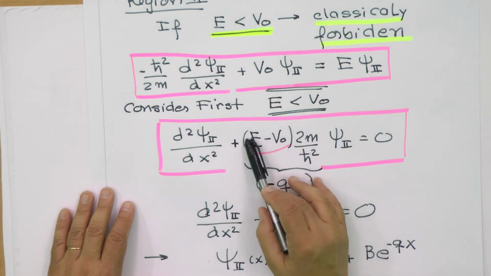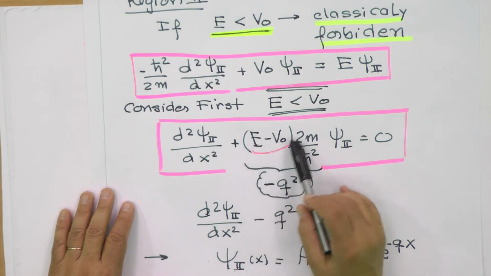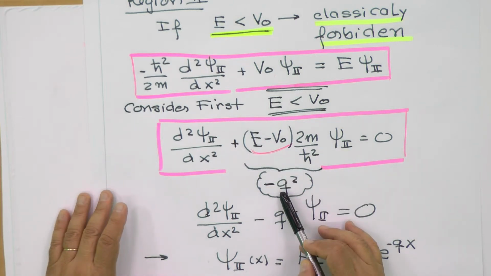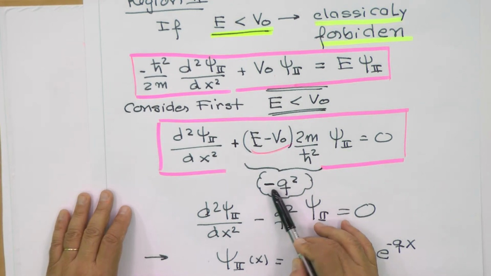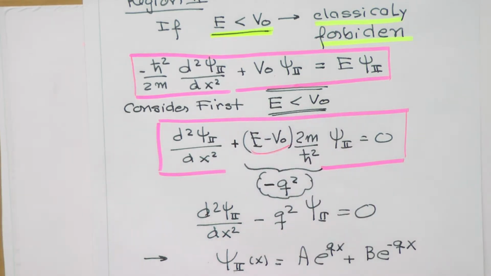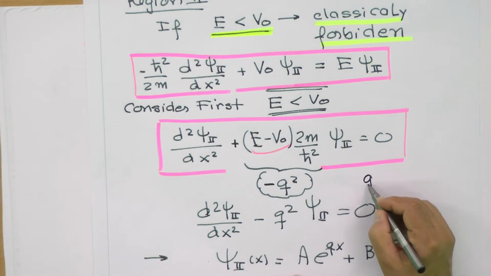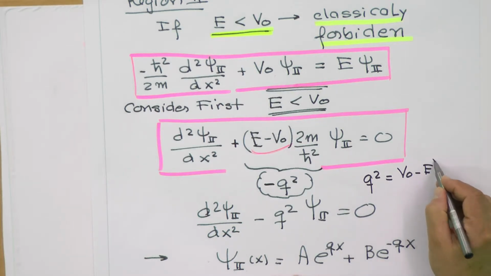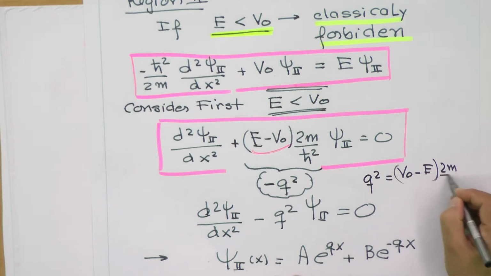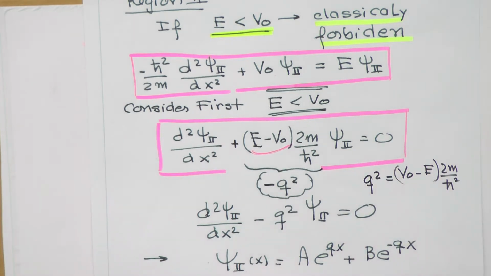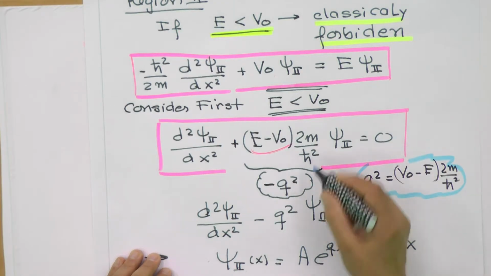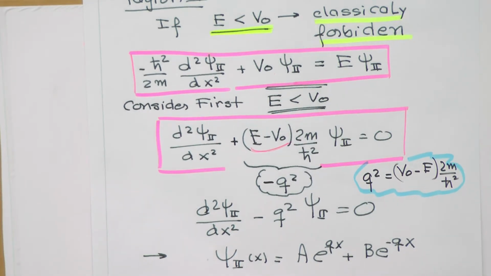Of course, we know that E minus V0 is negative, but since we call it minus Q squared, it means that the whole thing is positive. So Q squared is actually V0 minus E times 2m divided by h bar squared. Right? This is the real value of Q, and it's positive. That's a nice way of expressing things.